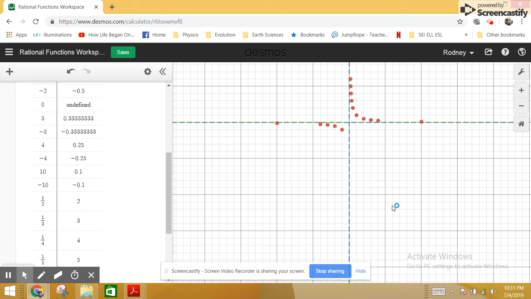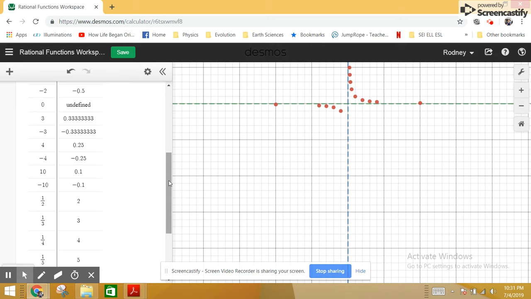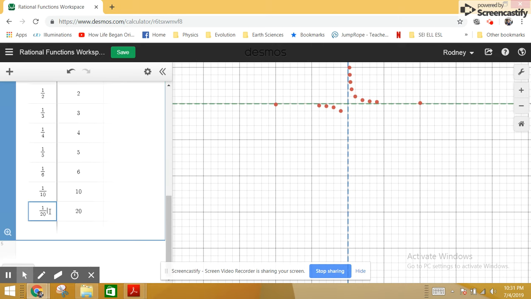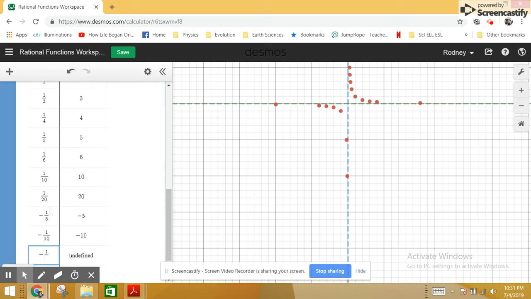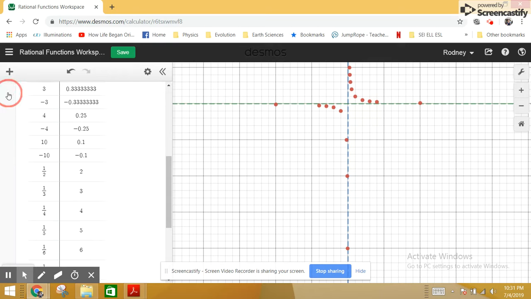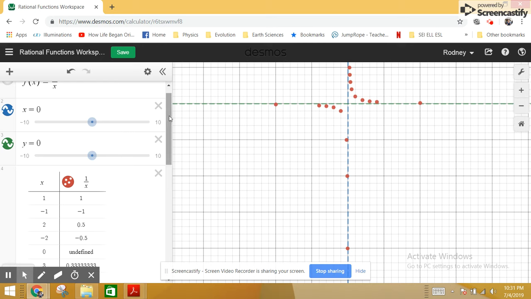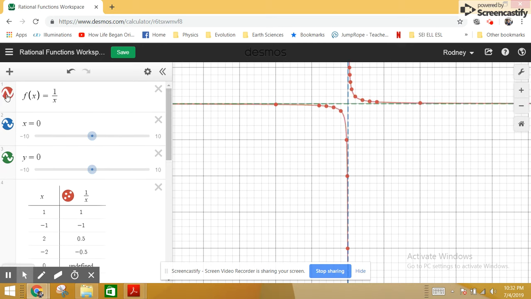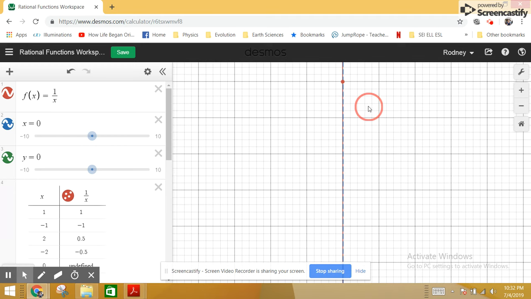I'll move this up so you can see. -1 over 5, -1 over 10, -1 over 20, and so forth. Now, let's turn the function back on, and you'll see that it matches up perfectly with all of those points. And there you go.